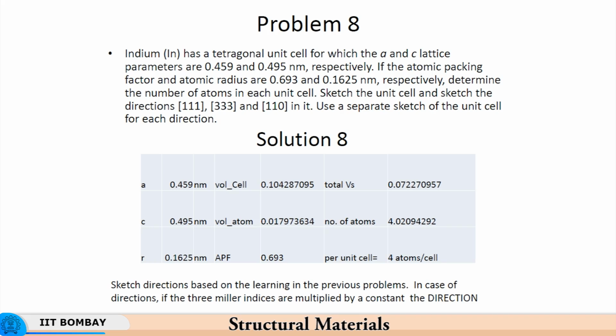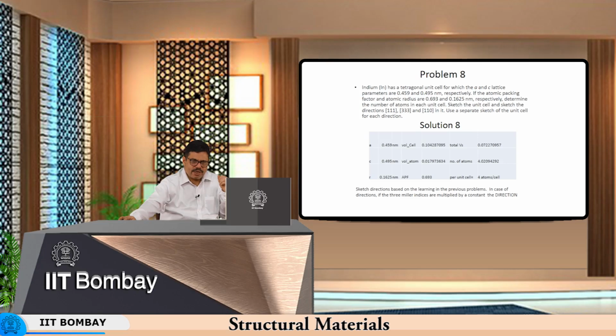Many times what happens is, if you are asked to draw these two directions, then people laboriously draw these 3 cells and then draw this direction 3 3 3, and 1 1 1 also is in the same line. So this additional effort of drawing 3 cells becomes unnecessary.